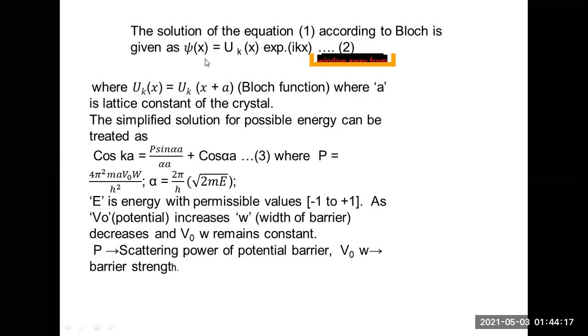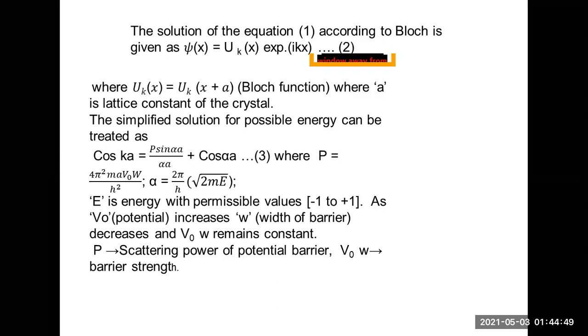You already know that in mathematics, whenever there is a second order differential equation, there may be some solution of this second order differential equation. And according to Bloch, again we are taking the help of the scientist Bloch, the second order differential Schrodinger wave equation may have the solution psi of x is equal to uk of x exponential of ikx, right?